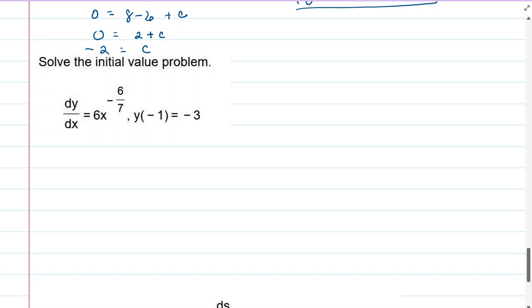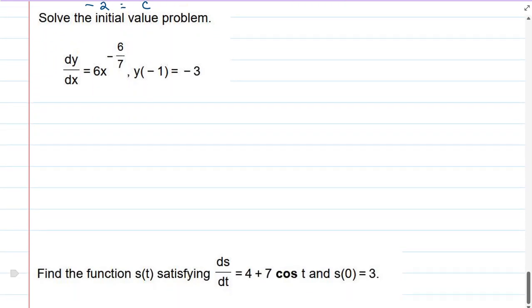All right. We want the initial value, so we're going to use the plus c, some constant that we don't know, but we have parameters for. So we have dy dx equals 6x to the negative 6/7, and y of -1 is -3. So we have our ordered pair that x is -1 and the output is -3 as our end result.